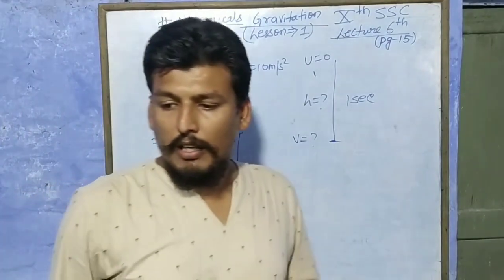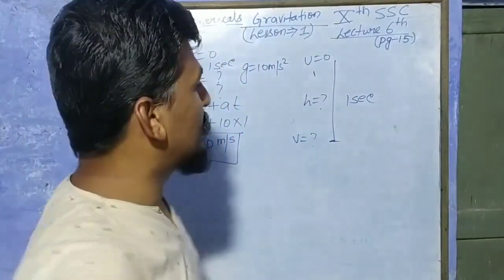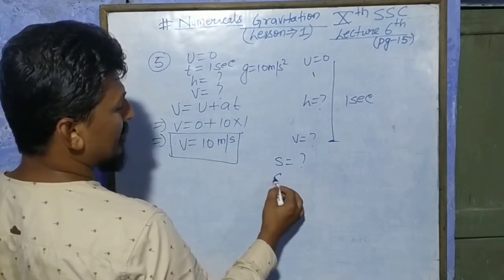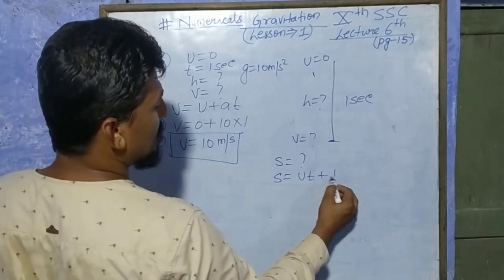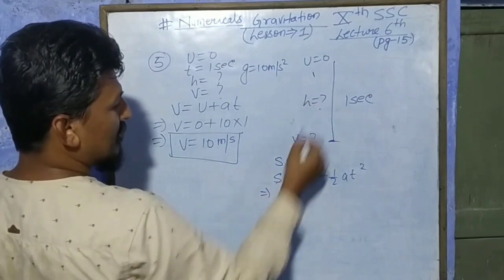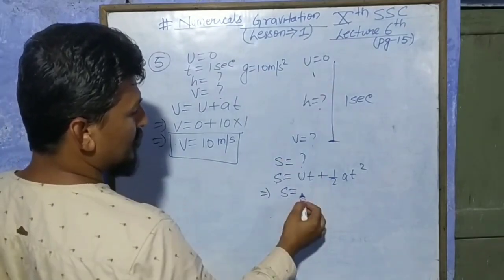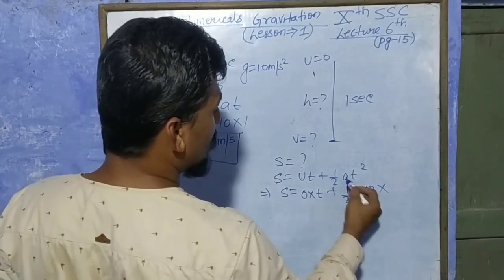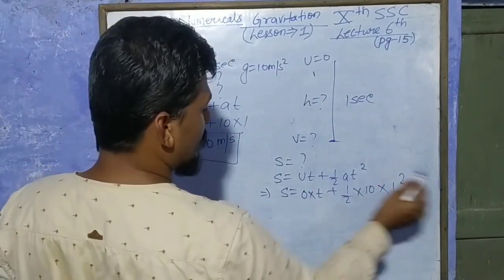Next, you also have to find the height. So again you have to find the value of height. Take S is equal to ut plus half at squared. S you have to calculate. U is 0, so 0 into t plus half into 10 into t, which is 1 second, 1 square.